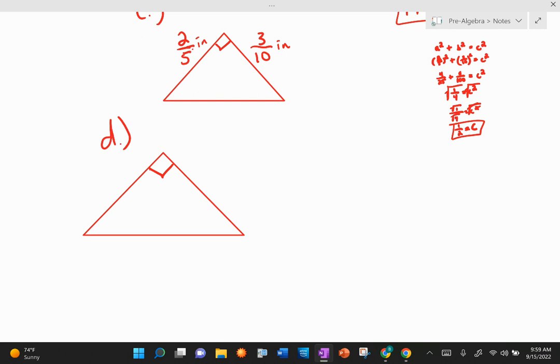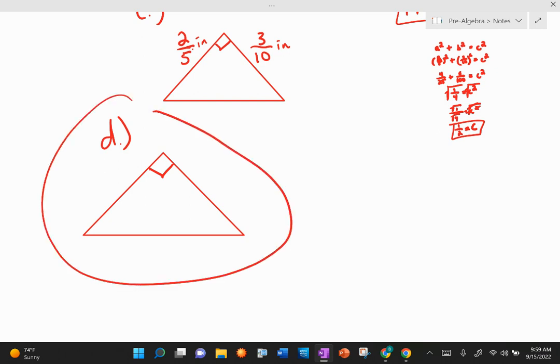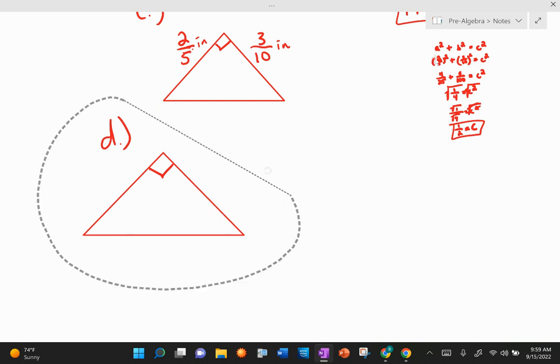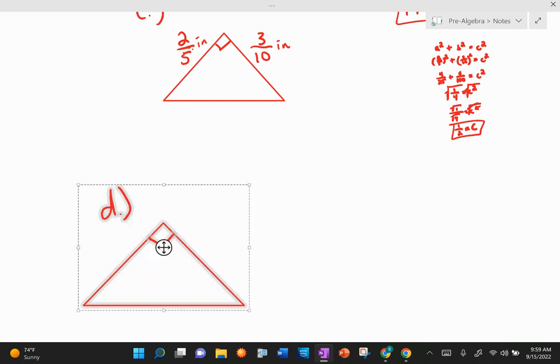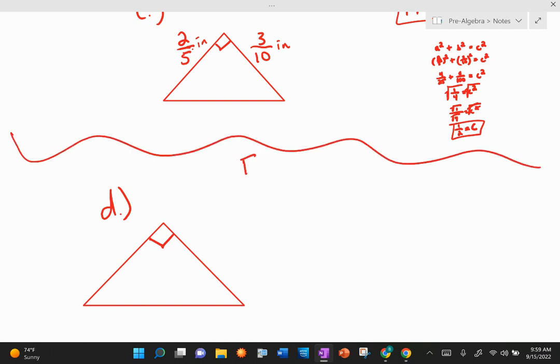For letter D, this is kind of a new section. This is finding the missing leg. Okay, finding the missing leg.